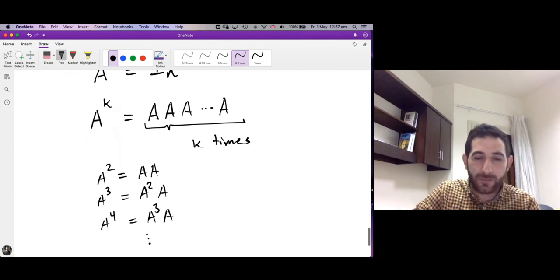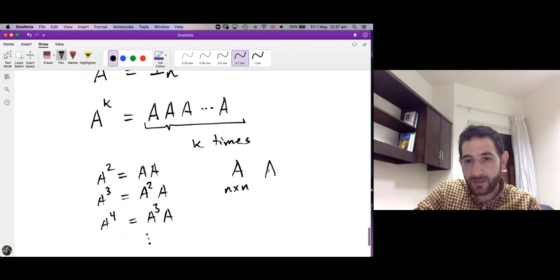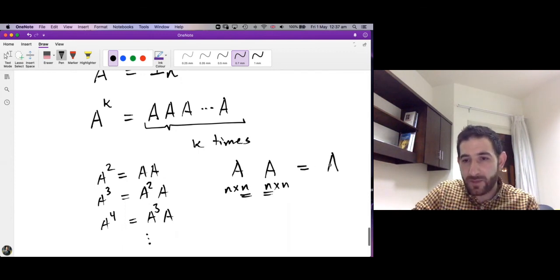We can do this because A has dimension n by n and A has dimension n by n. So we can multiply the matrices to get a matrix denoted by A squared, which will have dimension n by n as well.